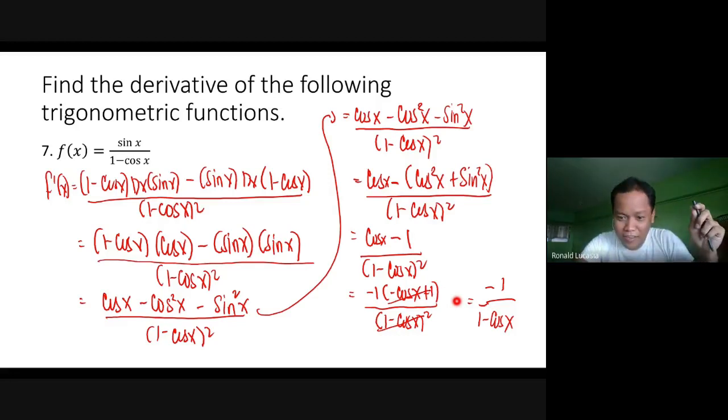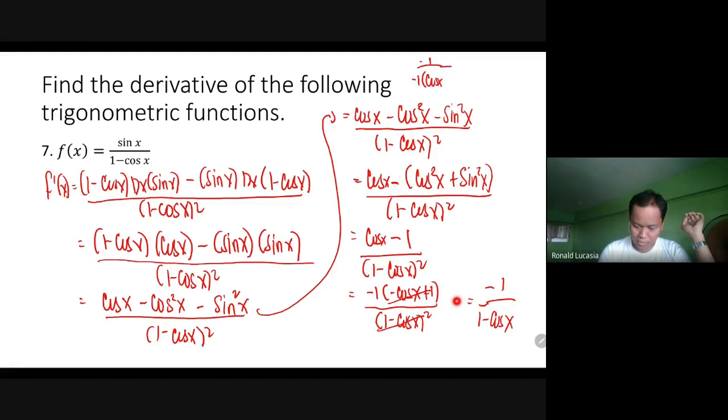Okay, gets ko na. Check ko yung sagot ninyo ha. Yung may nagsagot ng 1 over, kasi negative 1 to, pinactor mo yung negative sa labas, so magiging cosine x plus 1. So, pwede ang 1 over cosine x plus 1.